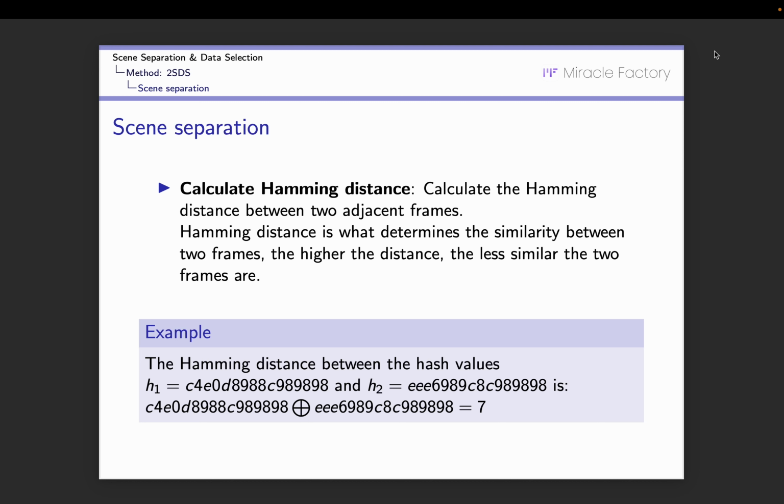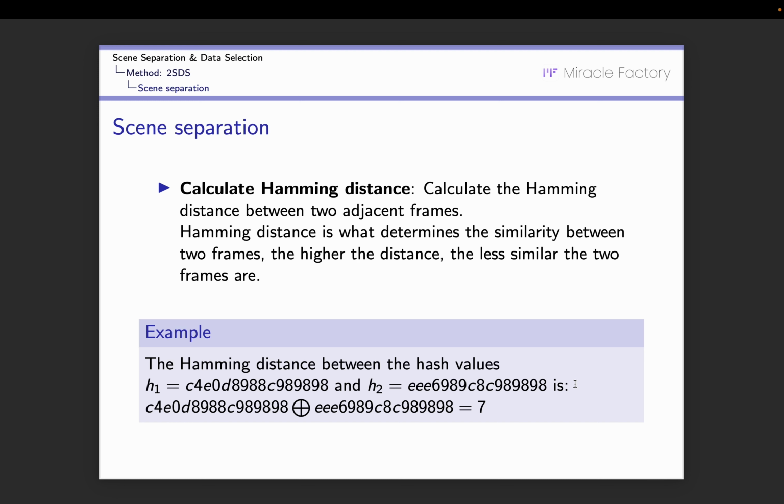To give you an example here, we have two hash values h1 and h2. Calculating the Hamming distance is actually relatively easy. We only need to do an exclusive OR operation on the two hash values.